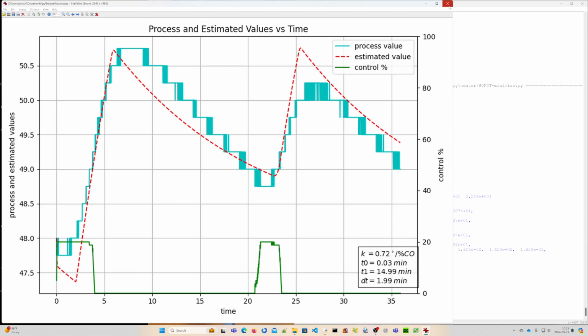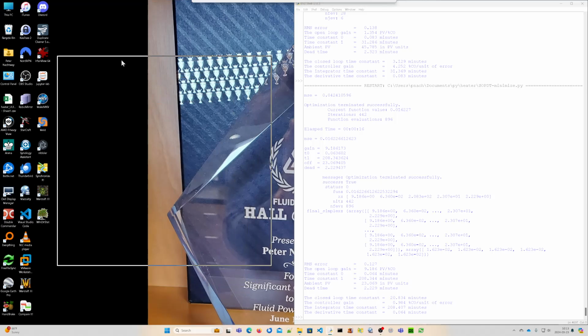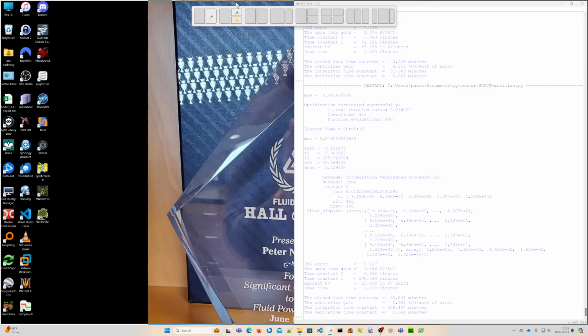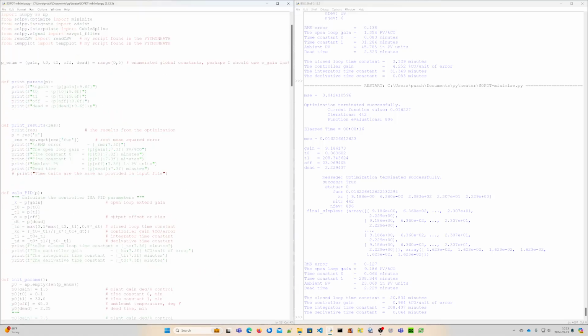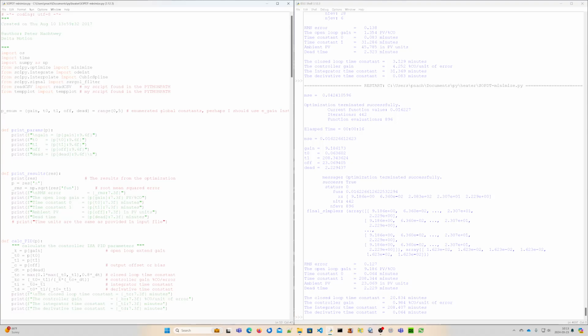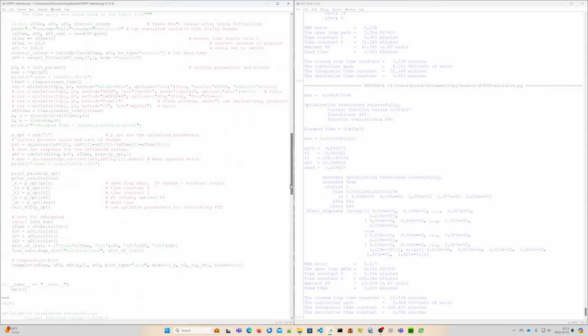So let's take a look at the programs that I used, and we'll start out with the one that worked the best, and that happens to be the minimize program in SciPy, and I use the Levenberg-Marquardt algorithm.